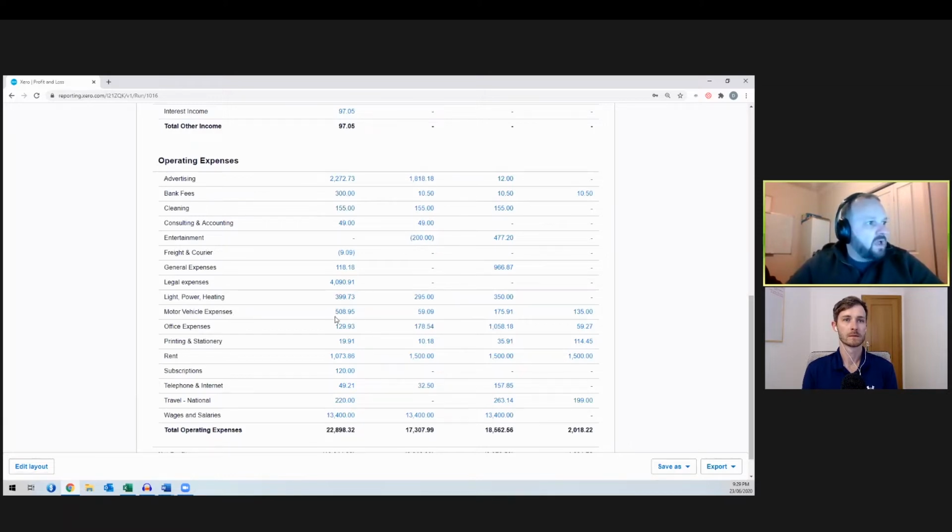I might have a number of motor vehicles and want to break that down into each motor vehicle to see what I'm spending there. You do that to an extent where you can make sure the expenses aren't going up, or that there isn't anything out of the ordinary that comes along the way.